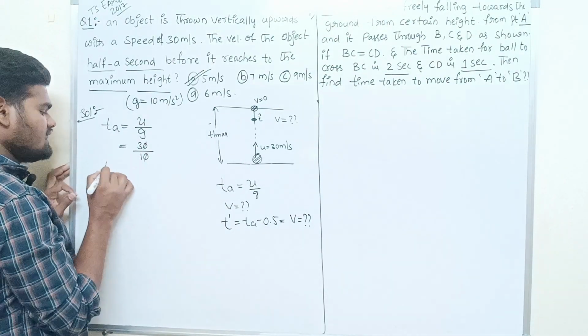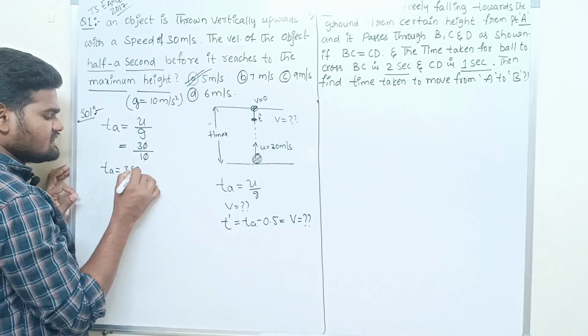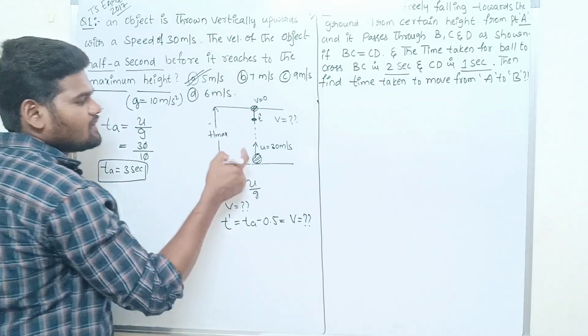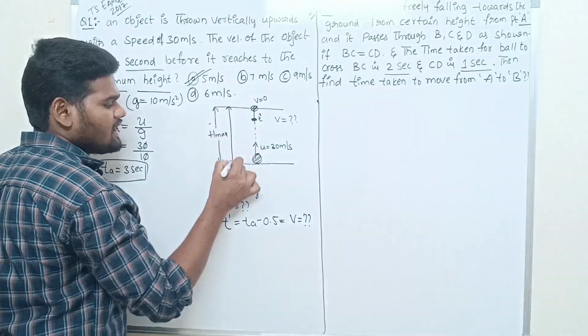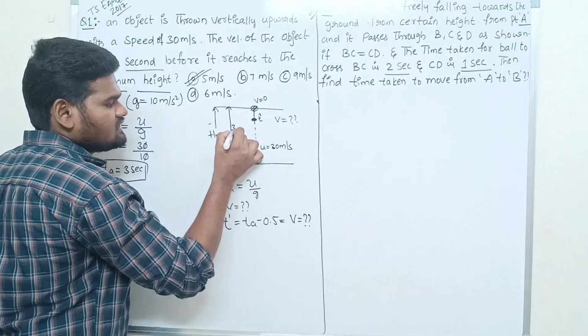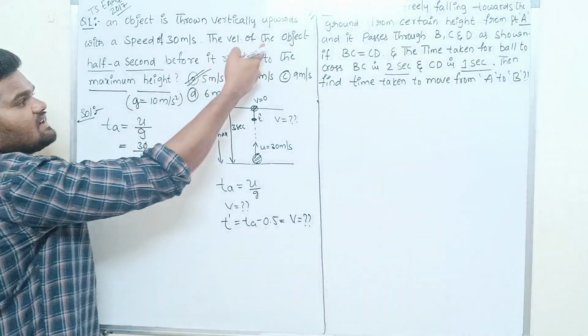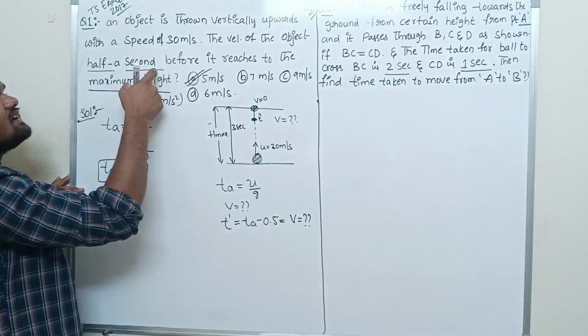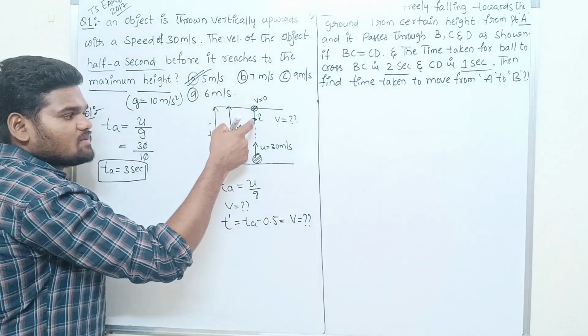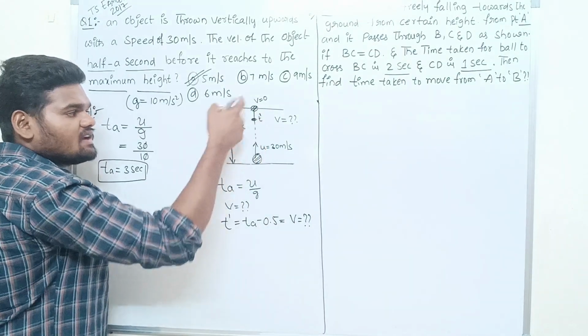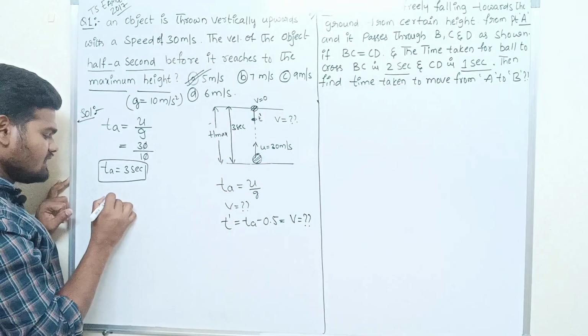0, 0 cancel, and the time of ascent we got is 3 seconds. So the total time taken by this object to reach maximum height is 3 seconds. Now we have to find the velocity of the object half a second before it reaches the maximum height. So the time is T dash.